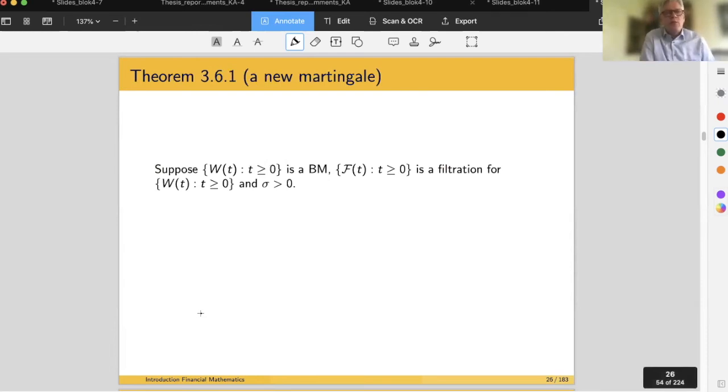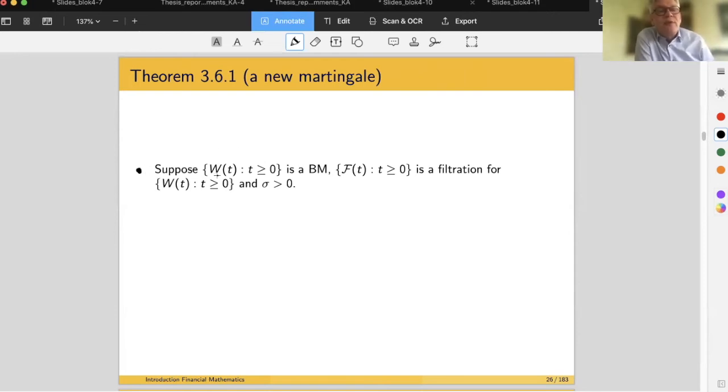Now we go to theorem 3.6.1, because what I want to do here is define a new martingale based on this Brownian motion. This is quite a nice exercise, so I hope you enjoy it as much as I do.